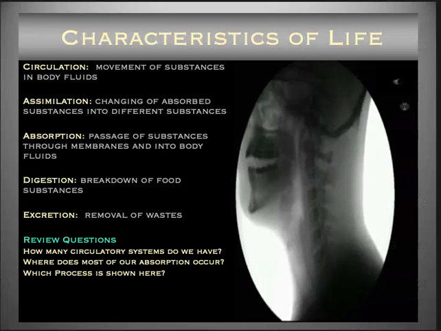Living things circulate materials, and we have two circulatory systems, really. We have the cardiovascular system that moves blood around, but we also have this lymphatic system that circulates the lymph. So lymph is fluid. Lymph is really important in delivering white blood cells and taking away waste products from cells.